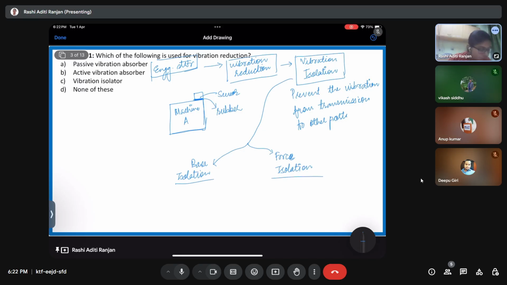So in base isolation, avoid the transmission of vibration. Okay, I hope this is clear.